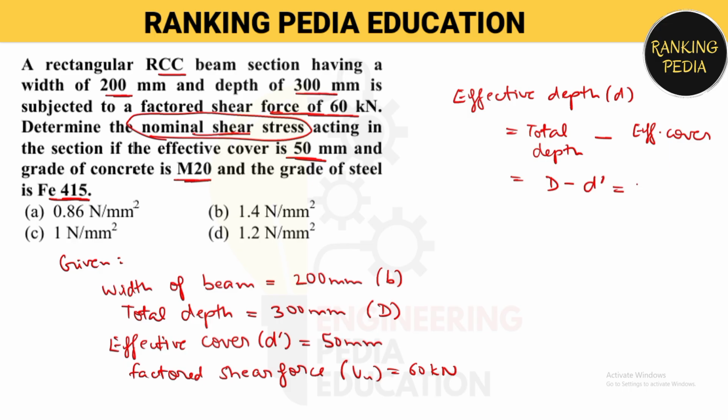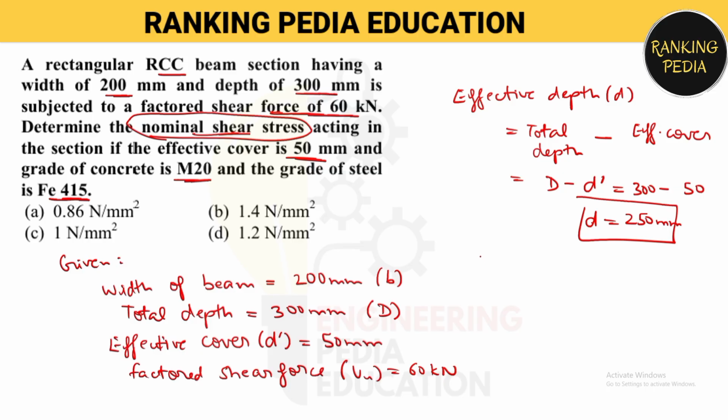Capital D is 300 millimeter minus 50 millimeter. What will we get for the effective depth d? 250 mm. So the effective depth we have calculated is 250 mm.